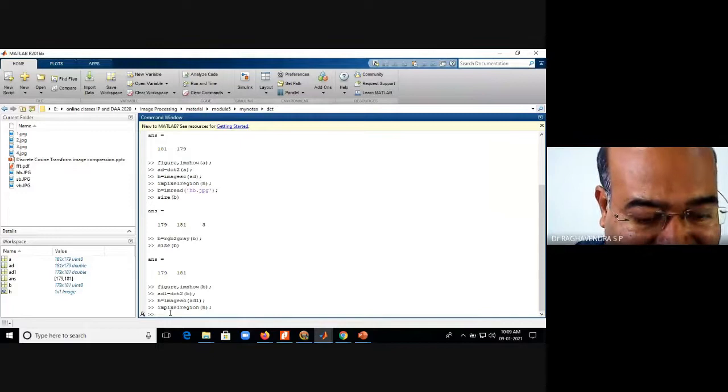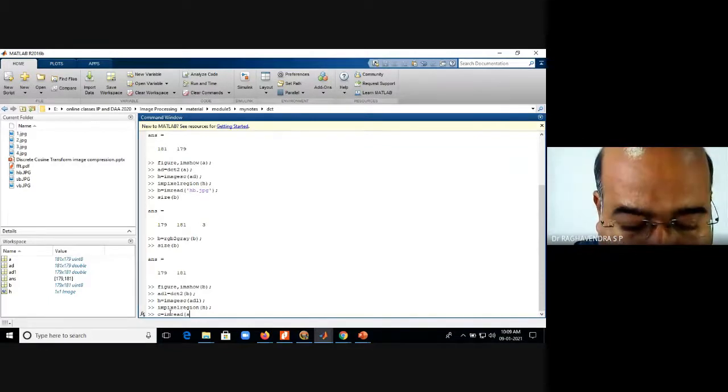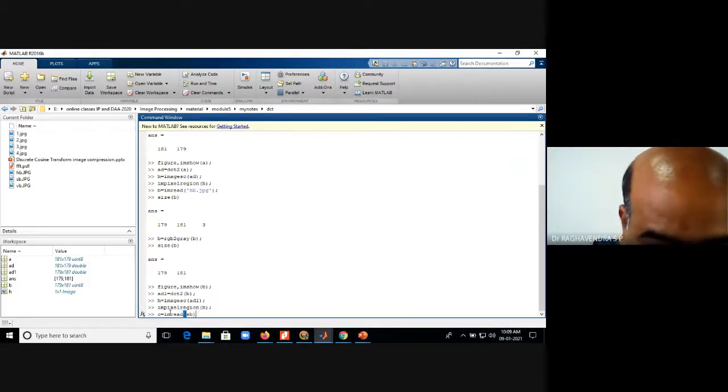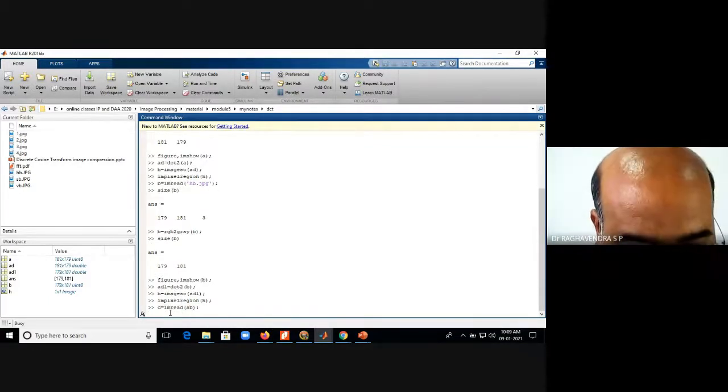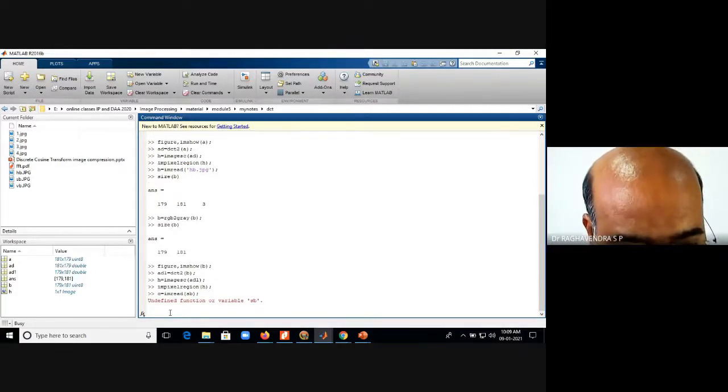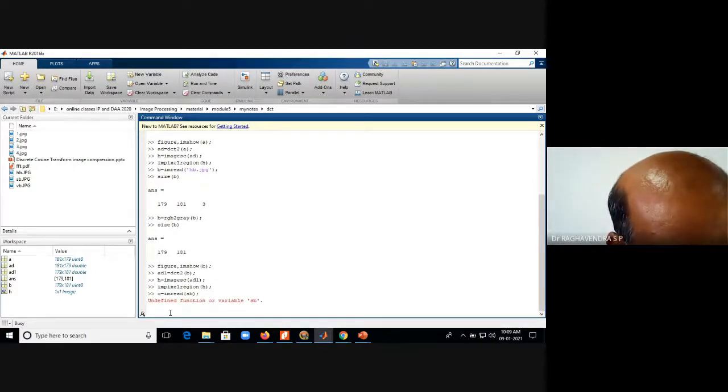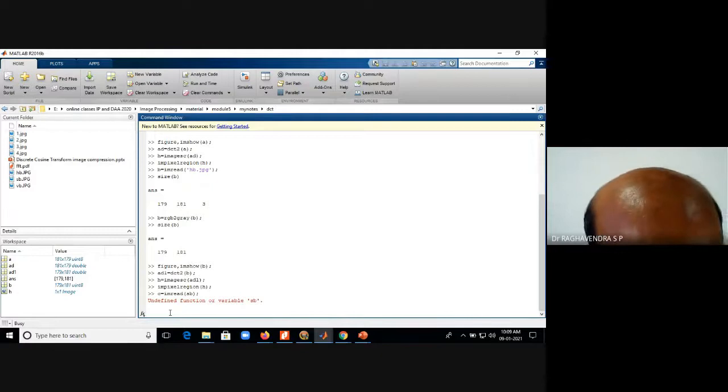So another image, that is what we can say C image, which is equal to imread of sidebar SP.jpg, I think.